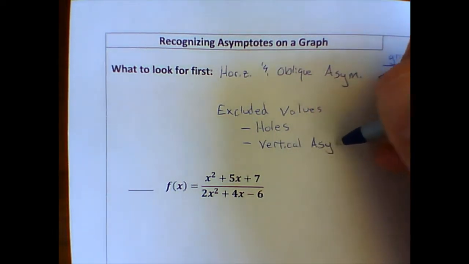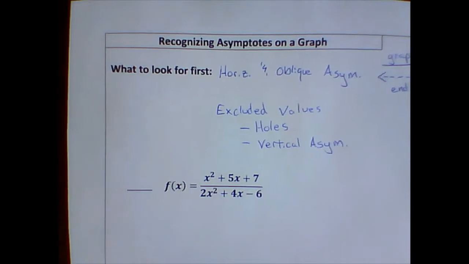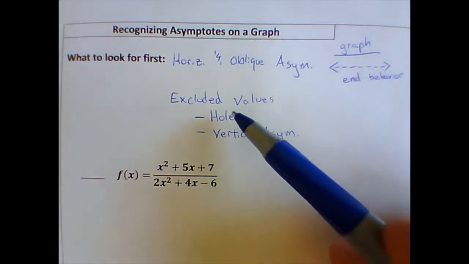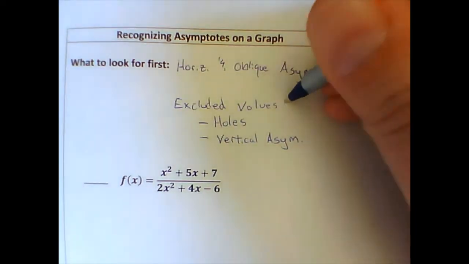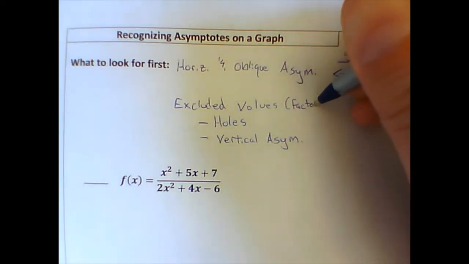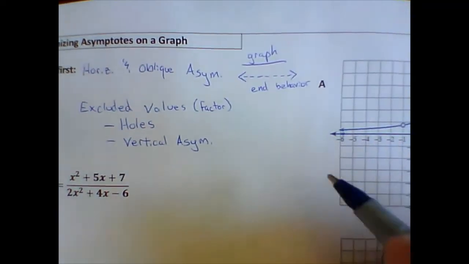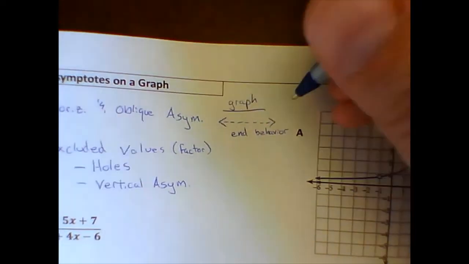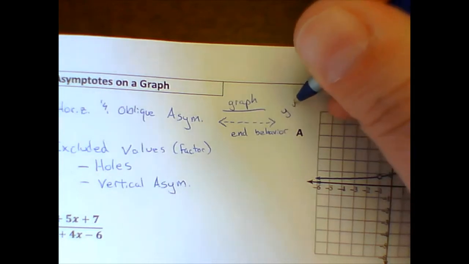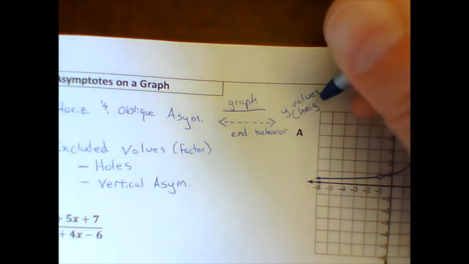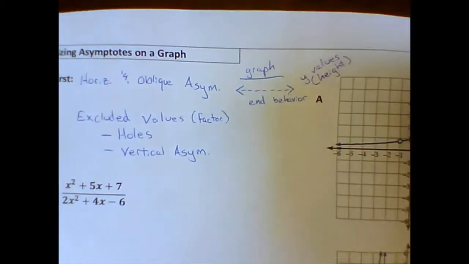Okay, holes and vertical asymptotes. Those are things that interrupt the graph in the middle of nowhere. Okay, in order to find them, you frequently have to factor. Okay, they're found in the denominator, and as far as, what do they look like on the graph? Your horizontal and oblique asymptotes, the numbers you get are indicating y values, or the height.